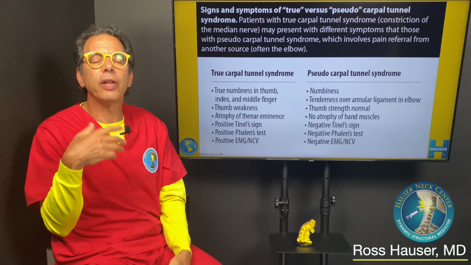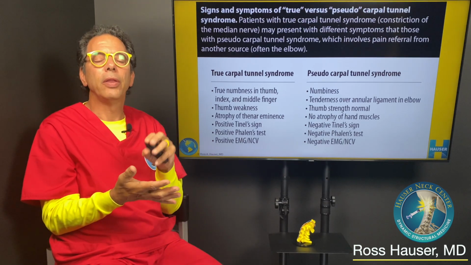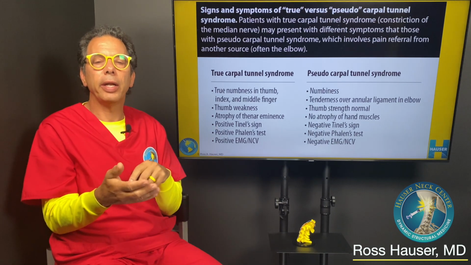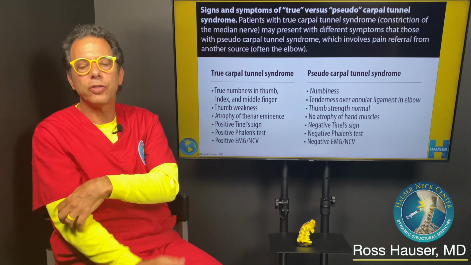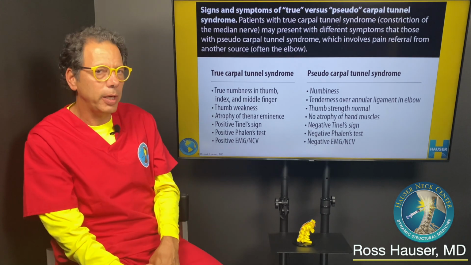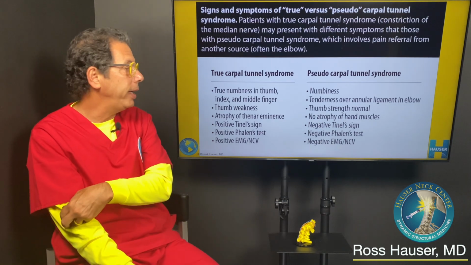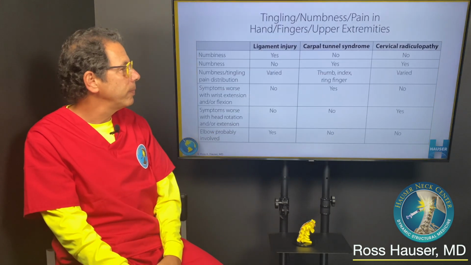So they had the sensation of numbness, but when tested, the sensation was normal, so I called that numbiness. Numbiness is normally from ligamentous injury on the lateral side of the elbow, specifically the annular or radial collateral ligament. So this just distinguishes the two.